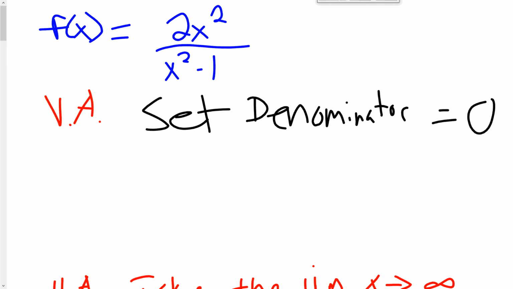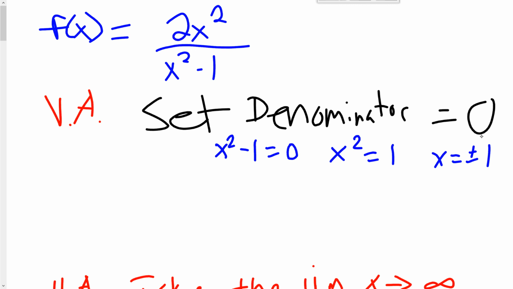Okay, so first thing we want to do is find those asymptotes. First, vertical asymptotes: we set the denominator equal to 0. So we take x squared minus 1, set it equal to 0. We get x squared equals 1, square root, so we get x equals plus or minus 1. So those are our vertical asymptotes. And the only thing you need to make sure of is when you plug them into the numerator, that it doesn't cancel out or anything like that.